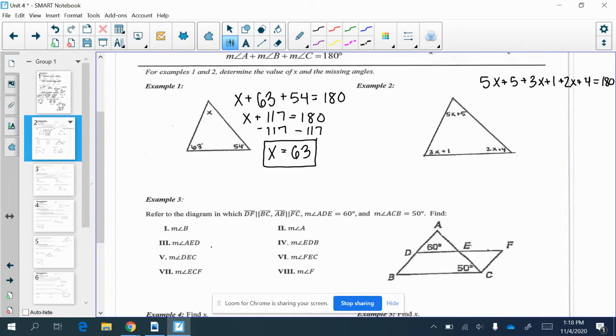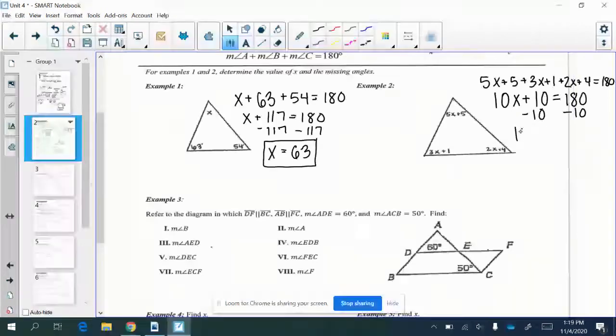Now combine like terms: 5x plus 3x plus 2x is 10x. 5 plus 1 plus 4 is 10. So 10x is equal to 170. And x is equal to 17.